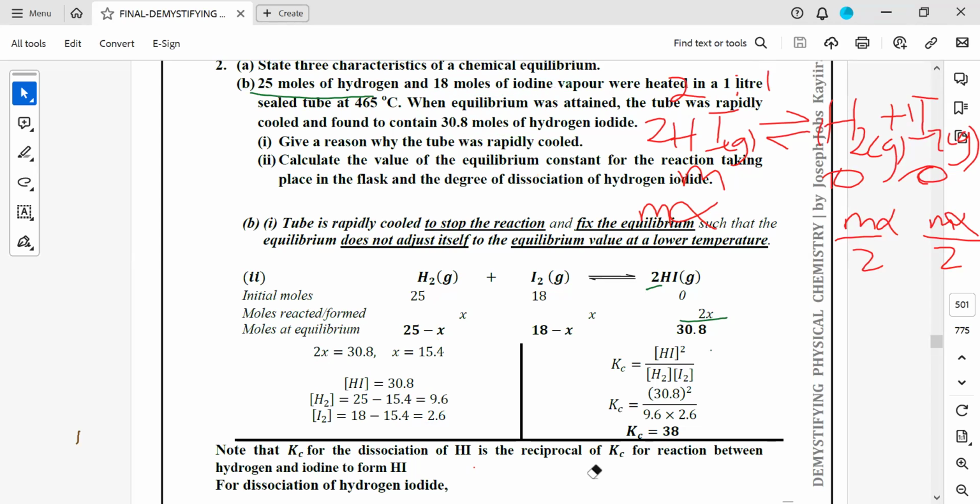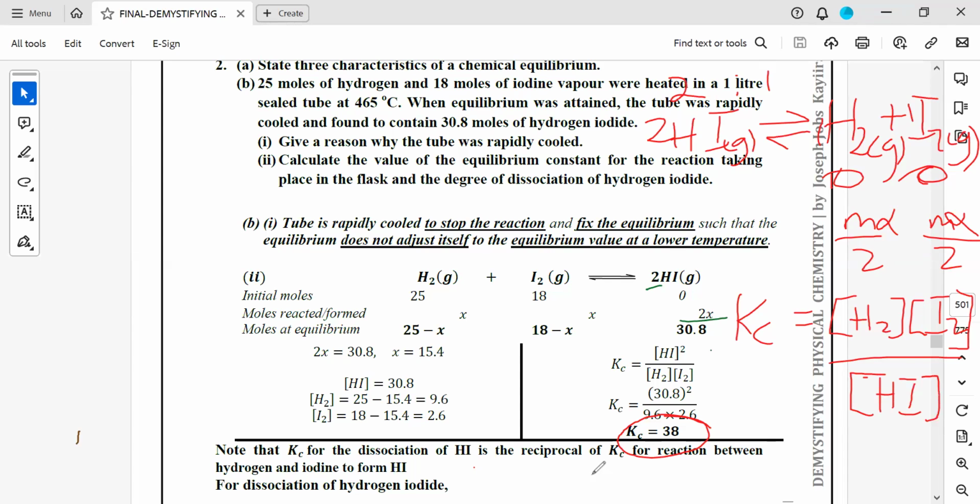We use the other side of the experiment to find the degree of what? Dissociation, alpha. Since we have the Kc here as 38, for the Kc for the dissociation we'll have Kc equal to the concentration of hydrogen and the concentration of iodine, because this time around they are the products, over the concentration of the hydrogen iodide, which is squared.